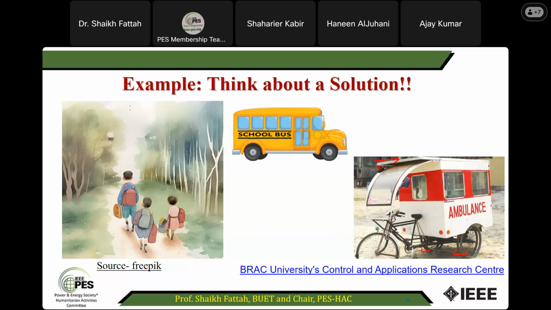For example, only in the morning and a particular afternoon time, twice, it will be used for children to go to school and return from school. But the rest of the time, it can be used for other purposes, for example, as an ambulance to take sick people to hospital.